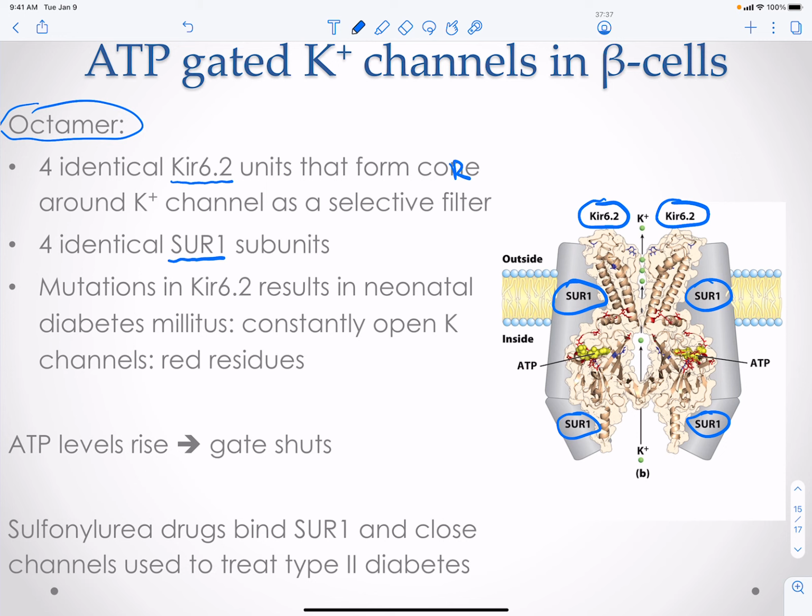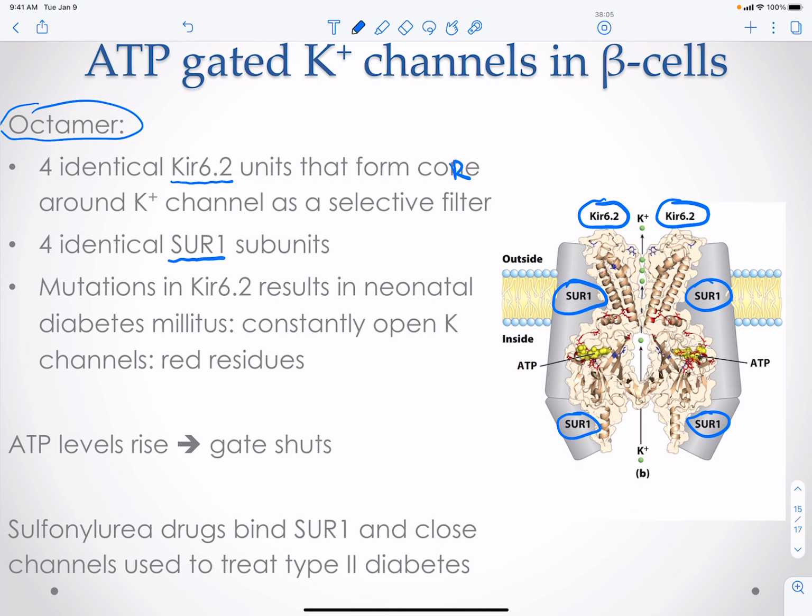So mutations in these channel proteins can lead to defects in the membrane potential. So for example, mutations in Kir6.2 are found in neonatal diabetes mellitus, and it results in a constant open potassium channel. And so this is going to be leading to an inability to release insulin. Now, typically when ATP levels rise, you're going to have a shutting of the potassium channel.